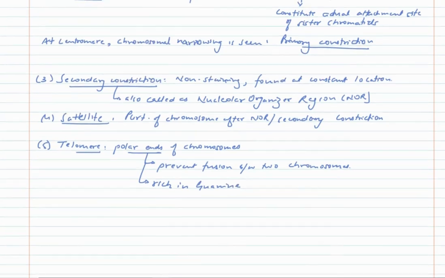Now we also have an enzyme known as telomerase. This enzyme, it synthesizes telomeres and keeps the chromosomal size constant. This is a ribonucleoprotein.